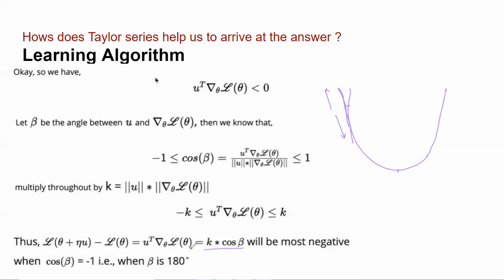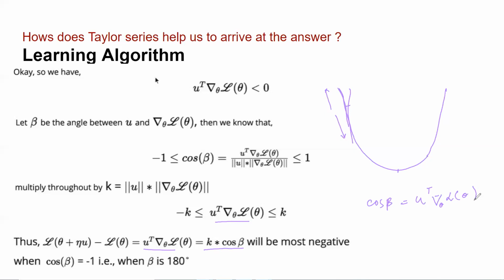This expression, you understood this expression? After that, what I have done is I have multiplied k on both the sides. You see this expression and this expression. Now can you relate this with this one? Cos beta is equal to this one, right? Your cos beta is equal to u transpose gradient of theta L theta.